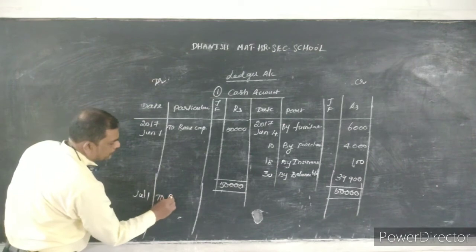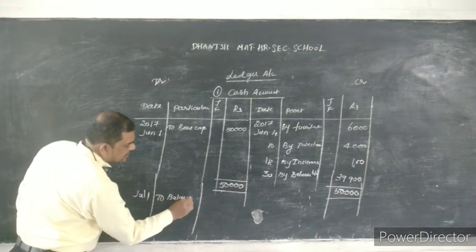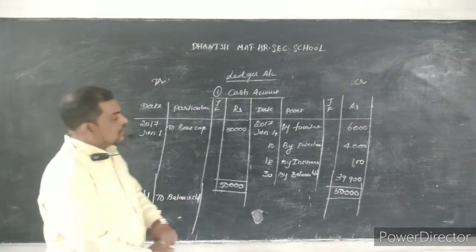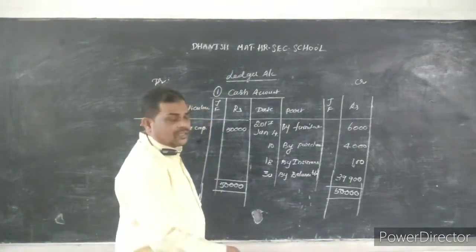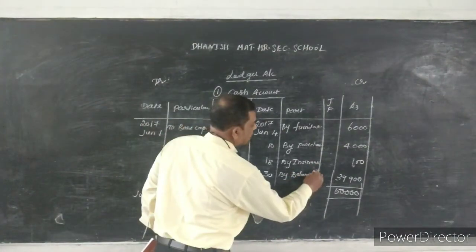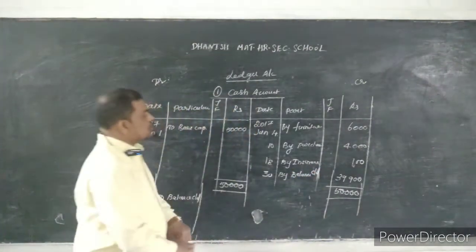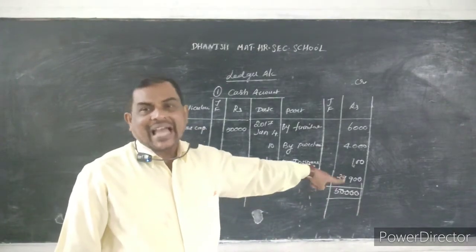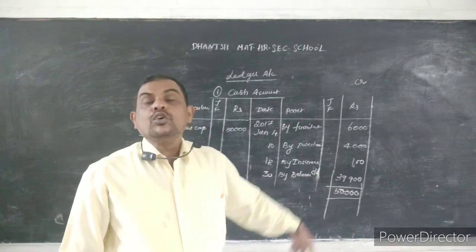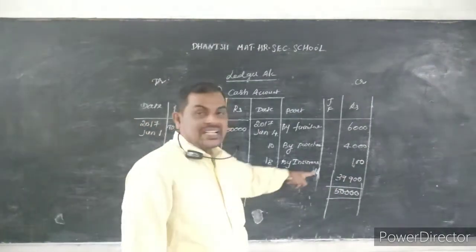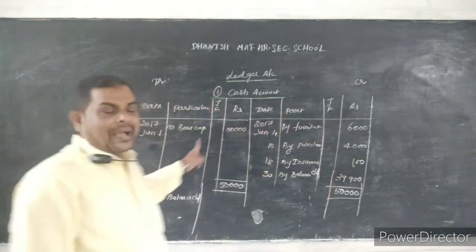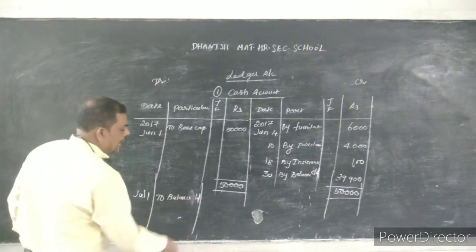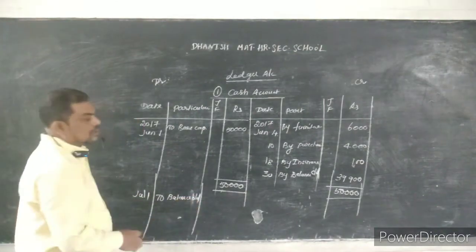To balance carried down. Sorry, this is C bar D. The closing balance is always called balance carried down. The opening balance is called balance brought down.